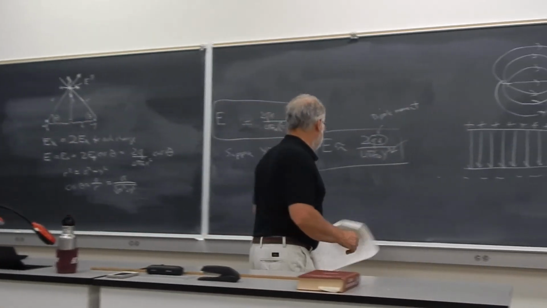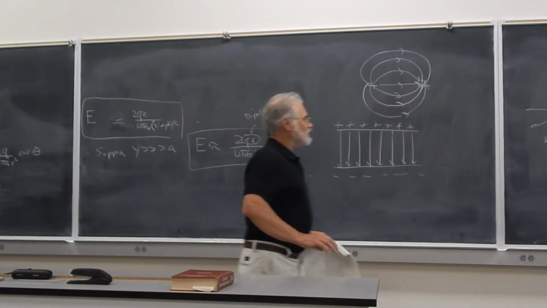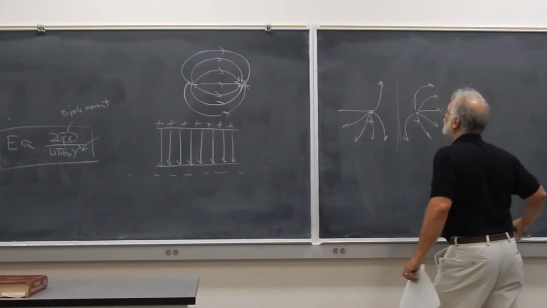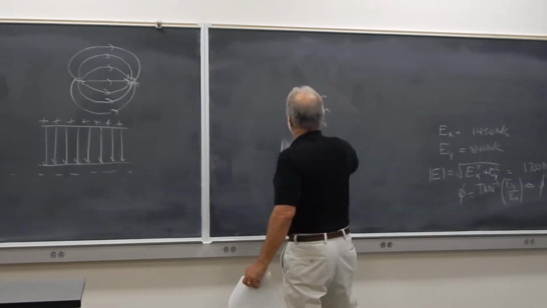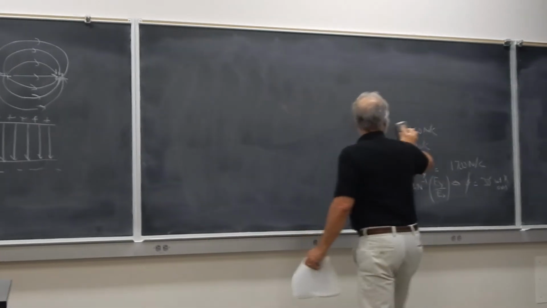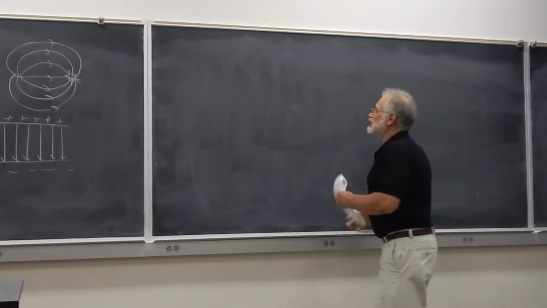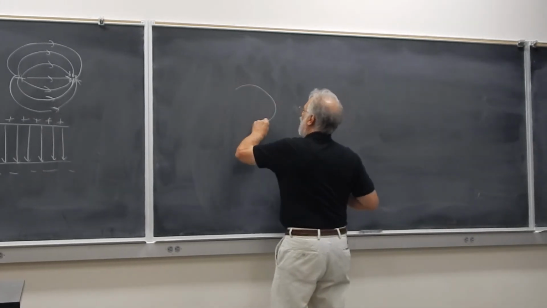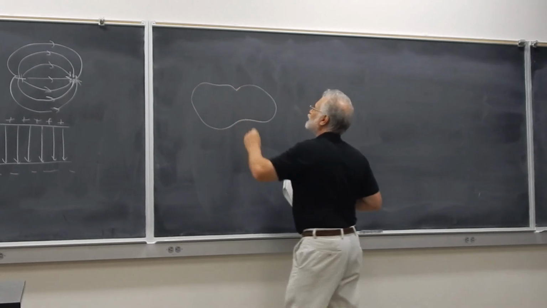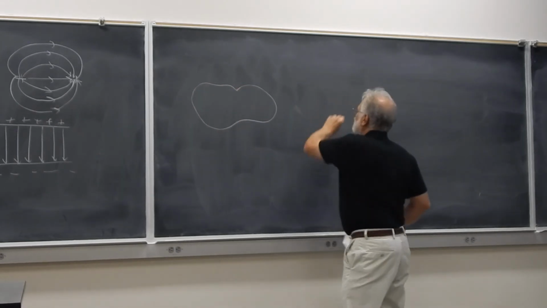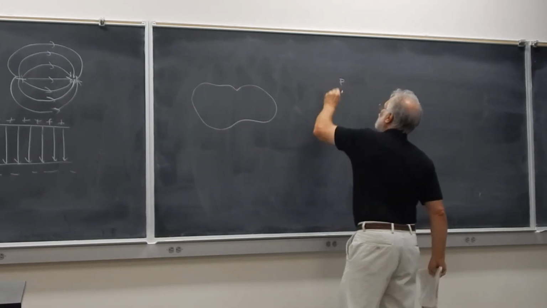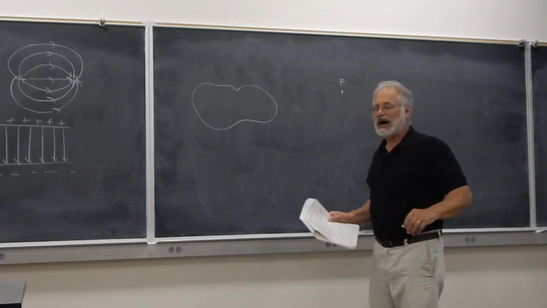Suppose you have, instead of just point charges, a charged blob, like so. And I want to find the electric field at some point P in the distance due to this charged blob.